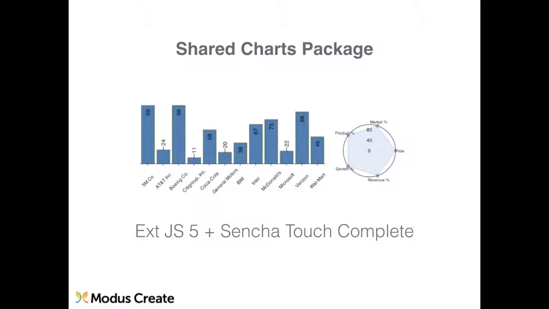So the same charting package is now available in Ext JS, and this makes it the very first shareable package between the two frameworks. You can actually use the same code on both frameworks. I definitely encourage you to give it a try, either through Ext JS 5 or Sencha Touch Complete. It's really an amazing package.